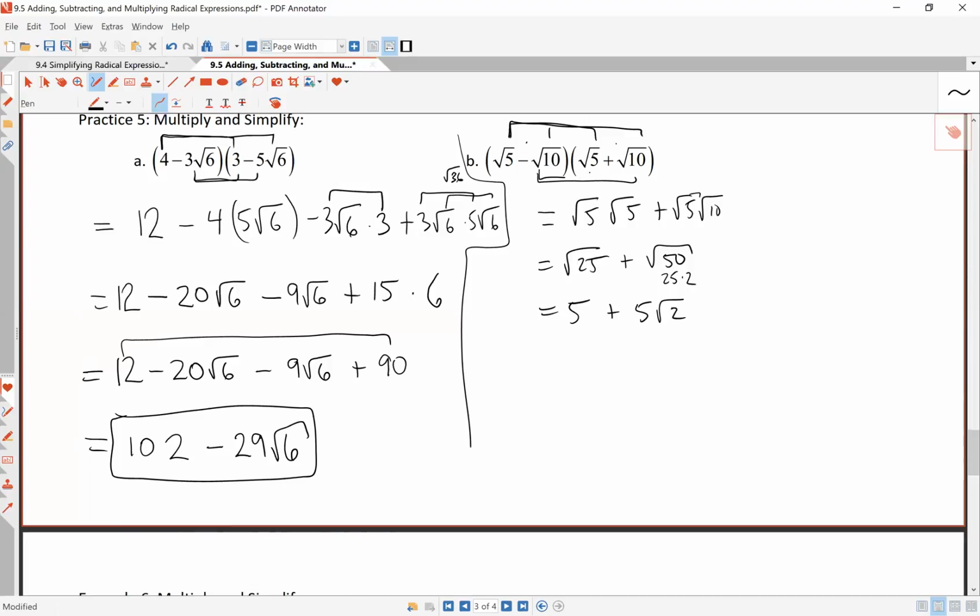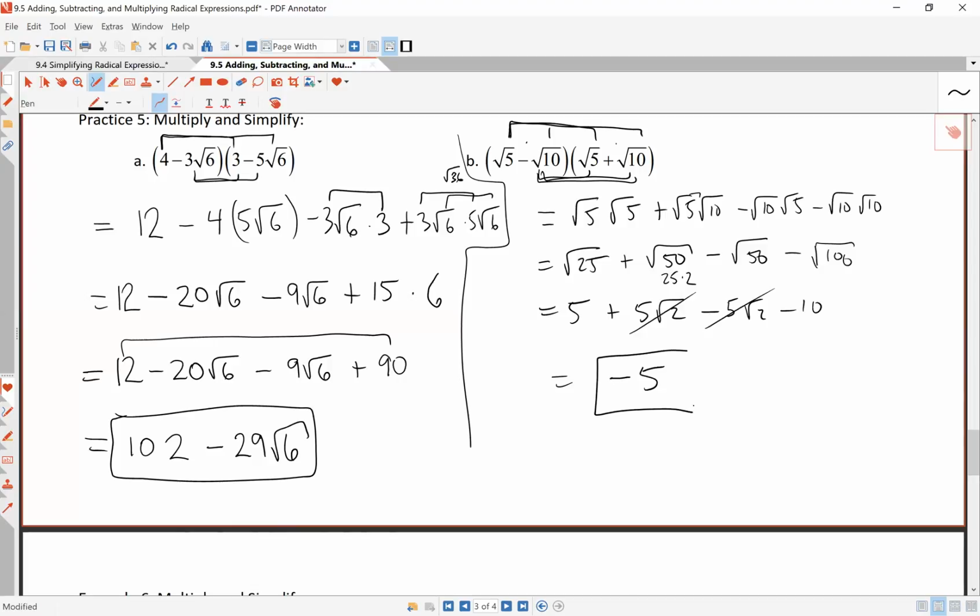Minus square root of 10 times square root of 5. That's also minus square root of 50, which is minus 5 square root of 2. Minus square root of 10 times square root of 10, that's minus square root of 100, or minus 10. The middle 2 terms cancel, and we have 5 minus 10, which is negative 5.